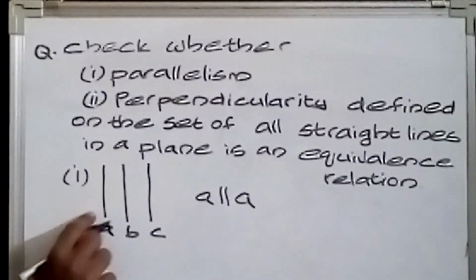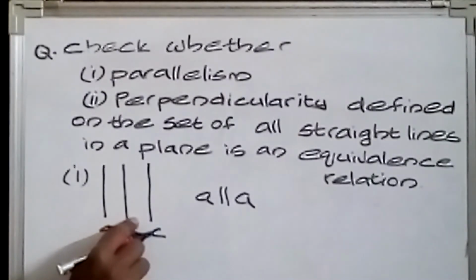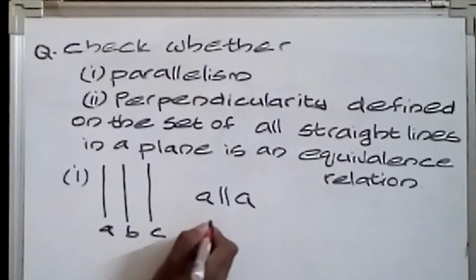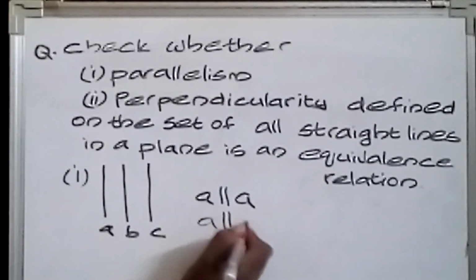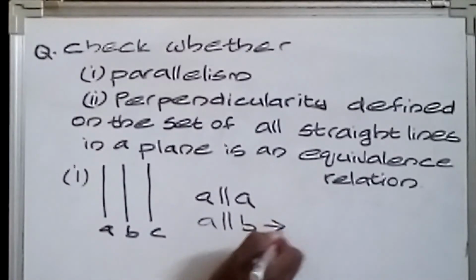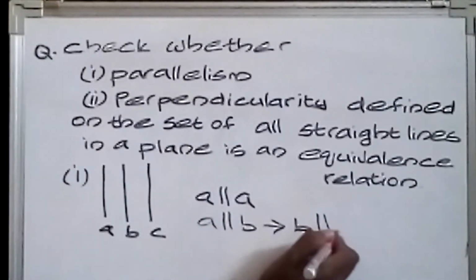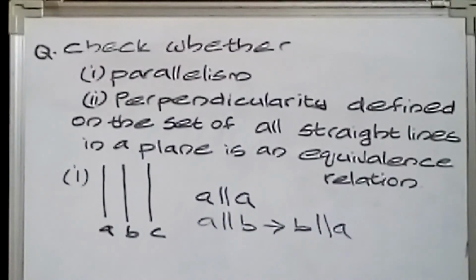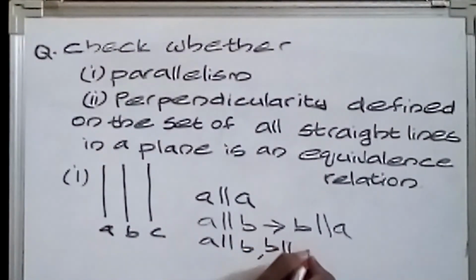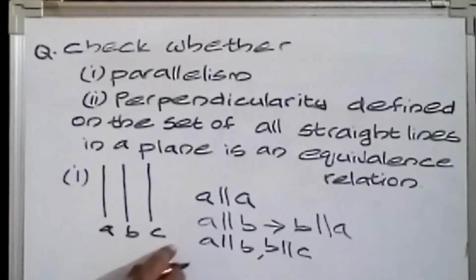Now, if A is parallel to B, then clearly B is parallel to A. A parallel to B implies B parallel to A. Therefore, the relation is symmetric. To check whether the relation is transitive, let A be parallel to B, and B be parallel to C. Is A parallel to C?